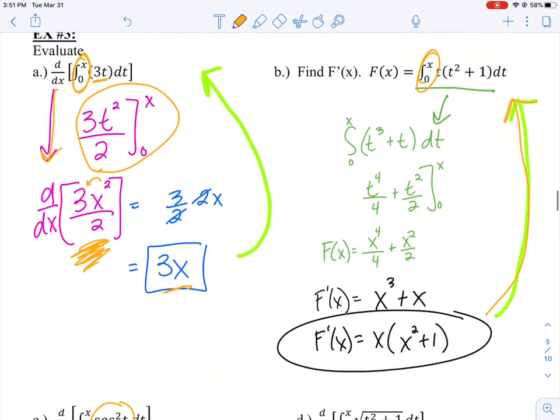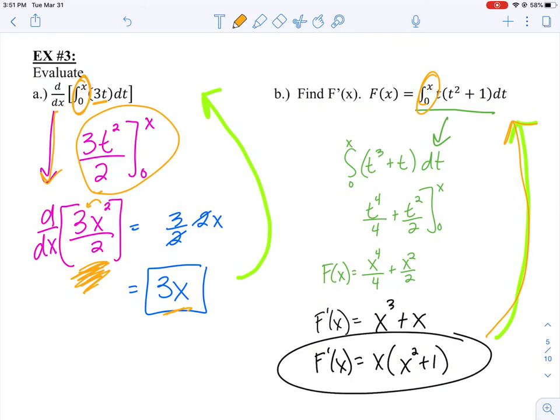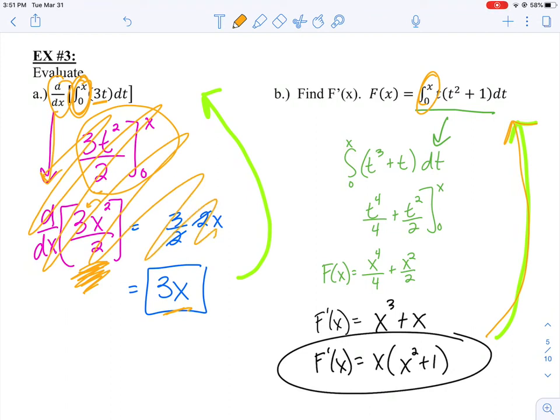And so instead of doing it the long way on all of these, as soon as you notice that you're taking the derivative of the antiderivative and your limits are from a to x, a number up to x, then you should be able to skip all of these pieces and be able to say, well, if my original function was 3t and I'm going from 0 to x, well, then my answer for the derivative of the antiderivative is just going to be 3x.